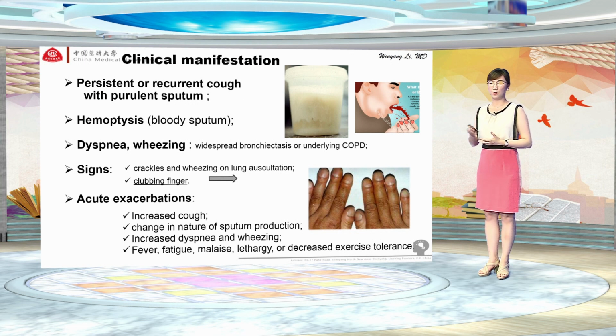If the patients have the following situations, then we consider that they have a chronic acute exacerbation, including increased cough, change in the nature of sputum, increased dyspnea and wheezing, fever, fatigue, malaise, lethargy, or decreased exercise tolerance.